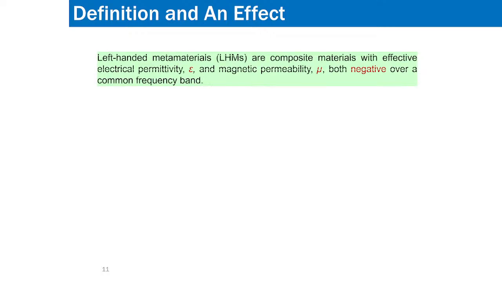Now let us see the definition of double negative material and the effect of double negative material. By definition, the double negative material or left-handed material are composite, engineered materials which exhibit effective electrical permittivity and effective magnetic permeability as negative quantities over a common frequency band.